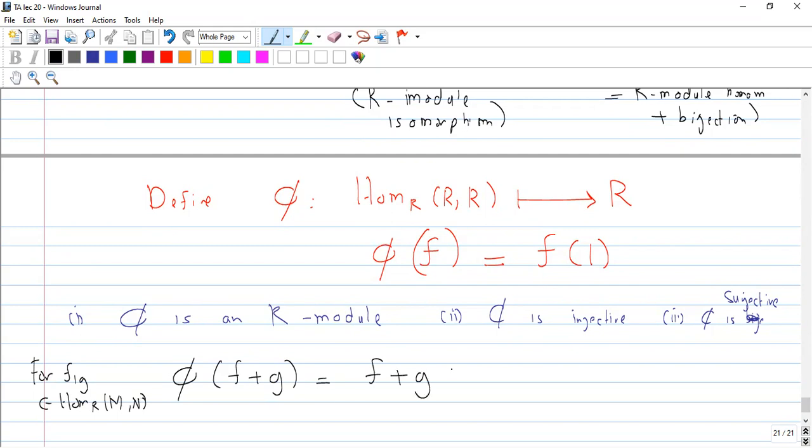I will get (f plus g) of 1, which is equal to f of 1 plus g of 1, that is, I evaluate f plus g at 1. So it is equal to f of 1 plus g of 1, and f of 1 is equal to phi of f, and this is equal to phi of g.